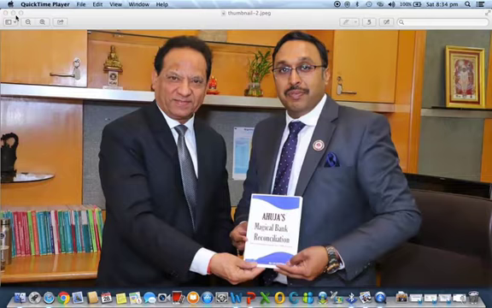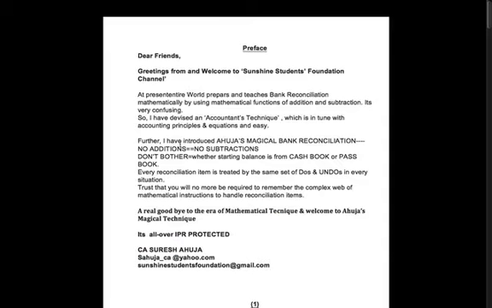So I call it the mathematician's technique of bank reconciliation, because in this technique mathematical functions of addition and subtraction are used. This technique has been in practice for ages.